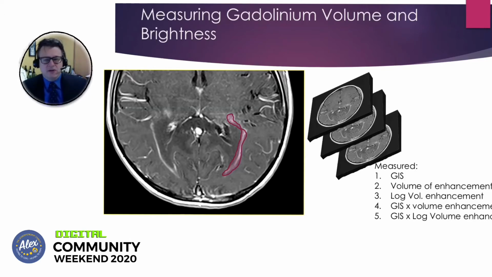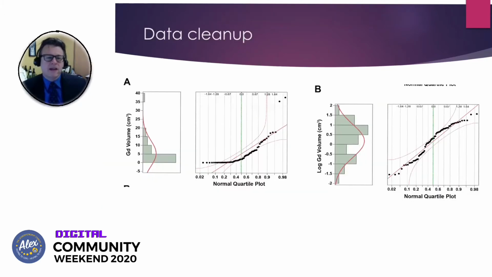So we did that in the cohort of 66 boys. And we get a volume basically of gadolinium. And this is a distribution of the volumes we have. It's not a normal distribution per se. You can see there are a lot of boys with very small volumes. So this curve is skewed to the lower end here, and this is another way to plot the dots, and so it doesn't follow a normal distribution.